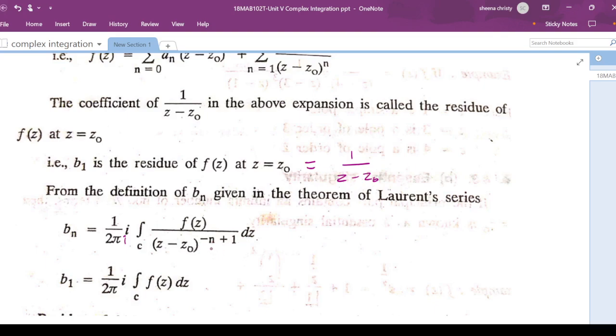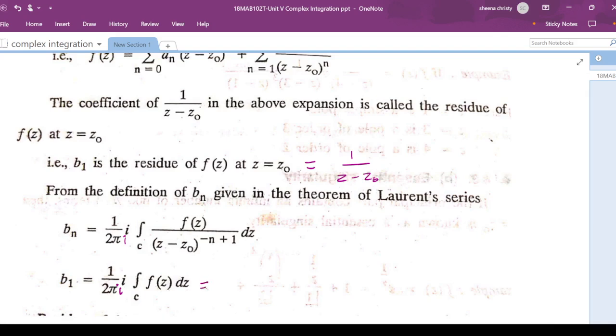By putting n = 1 here, you will get the power of z - z0 as 0. Any finite value to the power 0 is 1. So that's why we are getting 1/(2 pi i) integral over C of f(z) dz.